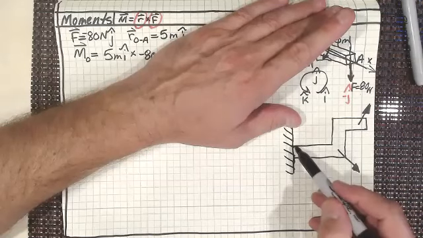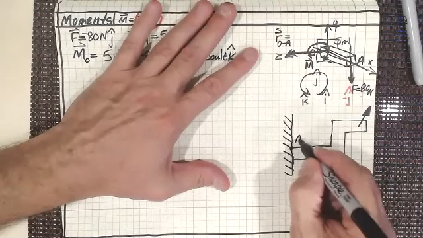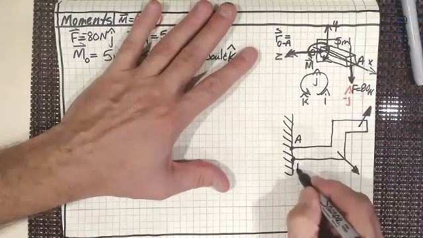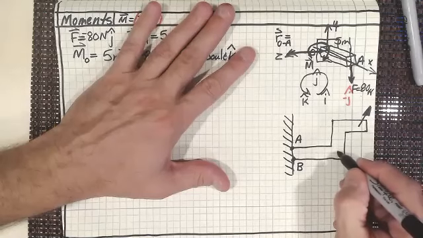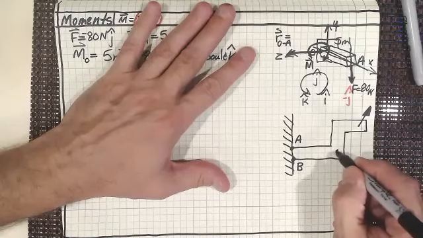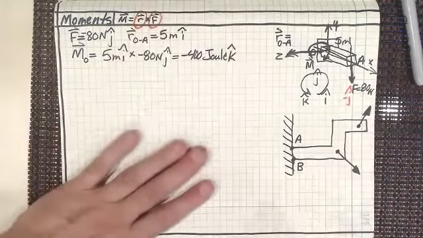We're really concerned about the moments between these two points, point A and point B. We know that these are attached right in the center of both of these.